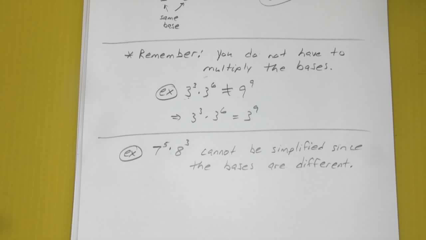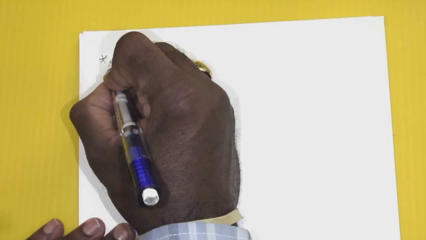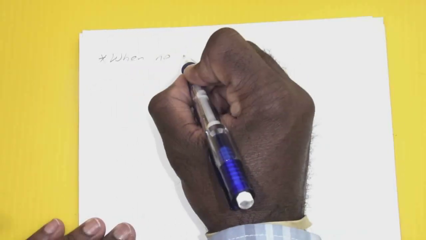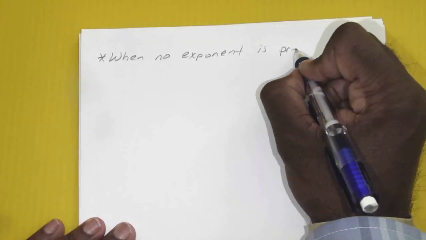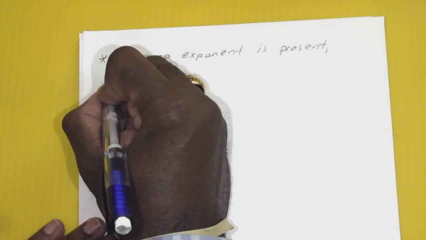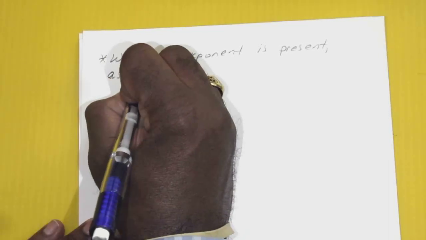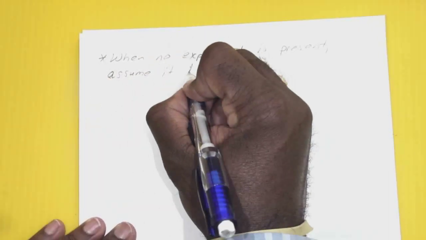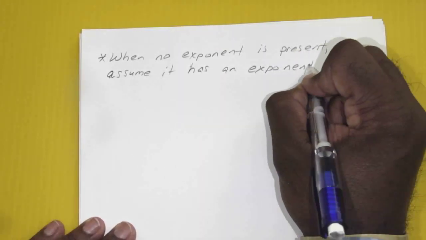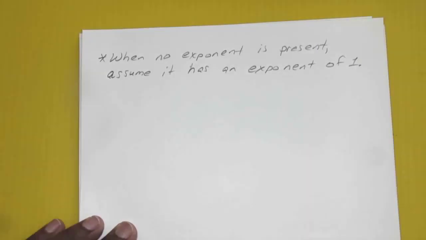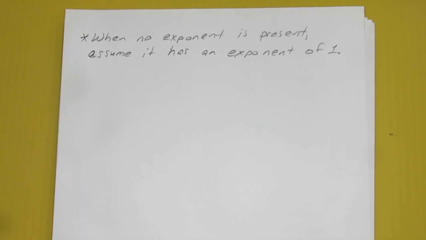Oh, one other thing. When there is no exponent, you're going to assume it's 1. So you assume it has an exponent of 1. Okay.